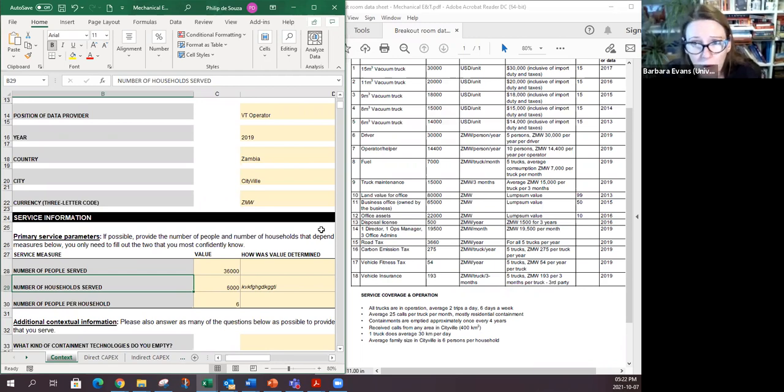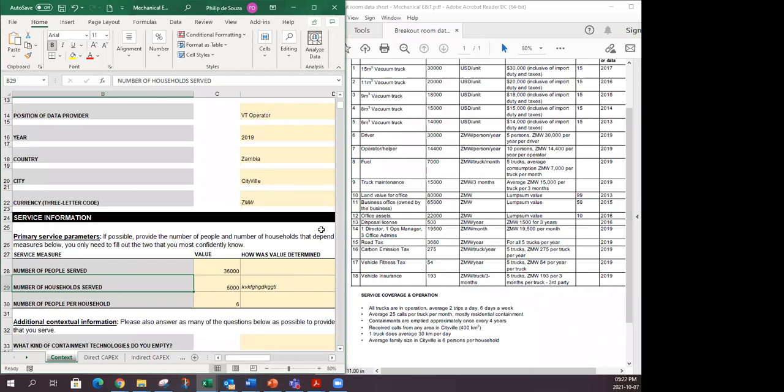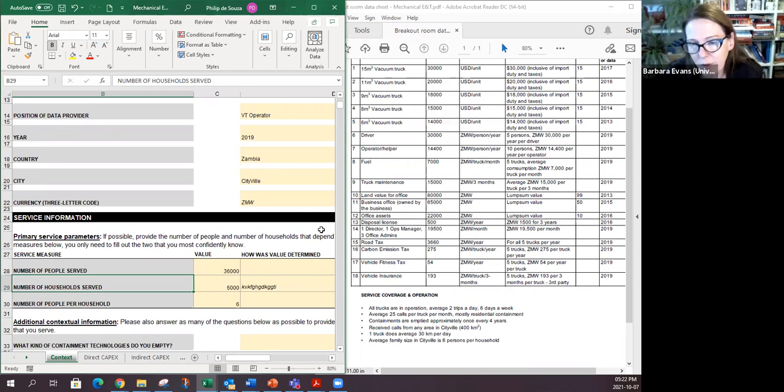We're always trying to look at the actual serviced community, not the theoretical maximum, because most systems don't run at full efficiency. These trucks maybe are supposed to do more than 25 trips a month, but if that's what they're doing, that's what we go for.